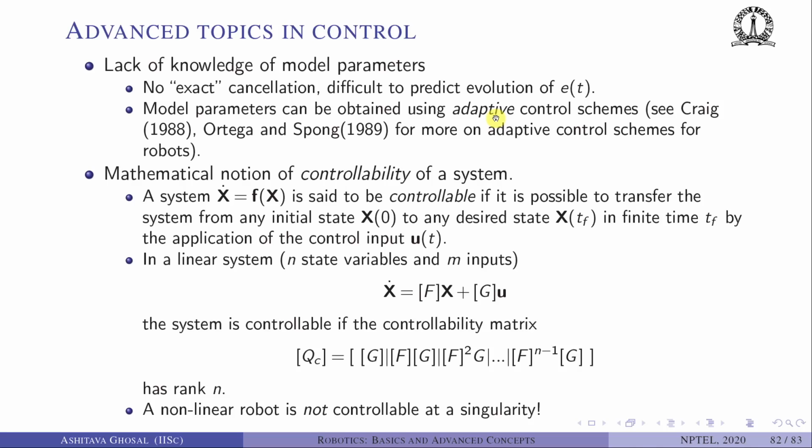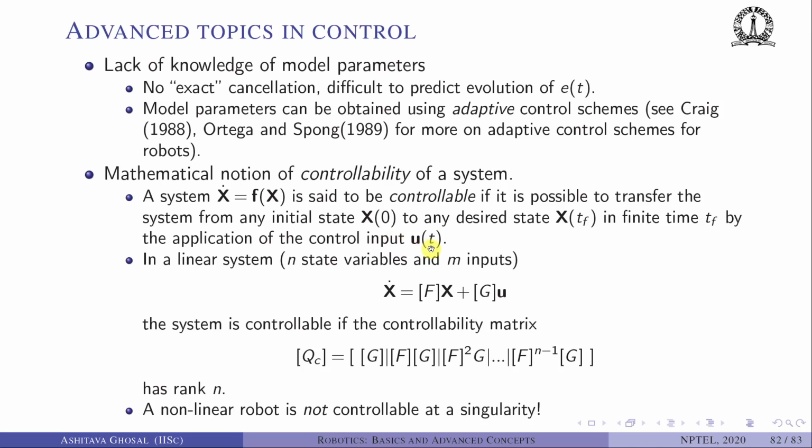The last thing that I want to discuss is the controllability of a system. The mathematical notion of controllability of a system is the following. A system x dot equal to f of x is said to be controllable if it is possible to transfer the system from any initial state x of 0 to any desired state x of tf in finite time tf by application of the control input u of t.